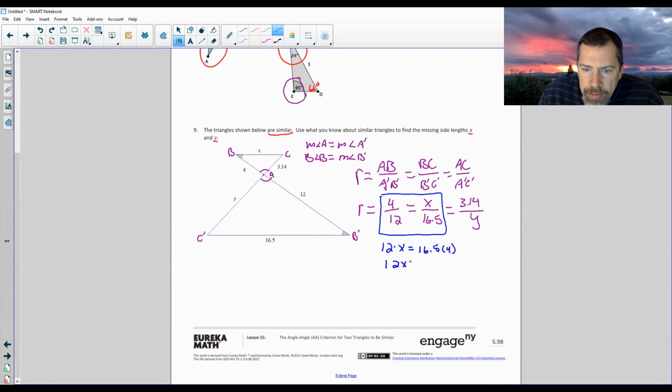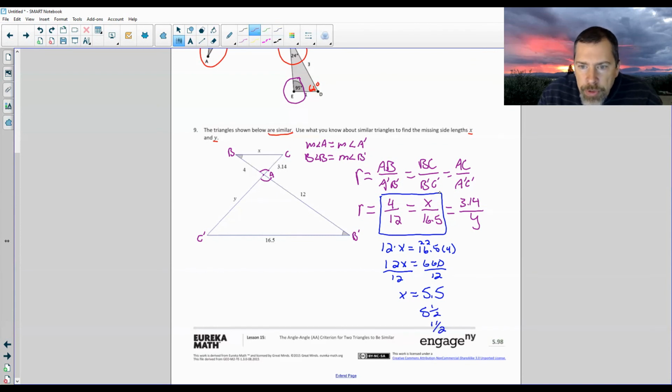So 12X equals 66.0. 16.5 times 2 is 33, yes, that's correct. Divide by 12, divide by 12, X equals 66 divided by 12, 5 1/2. 5.5 or 5 1/2 or 11 halves.